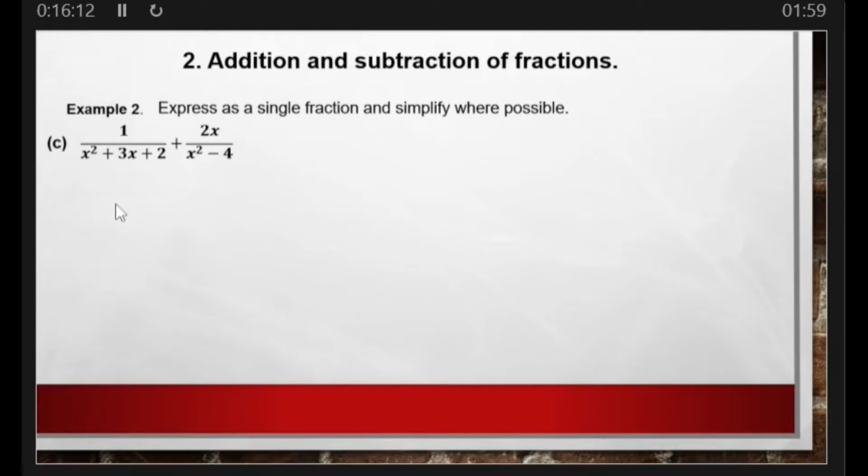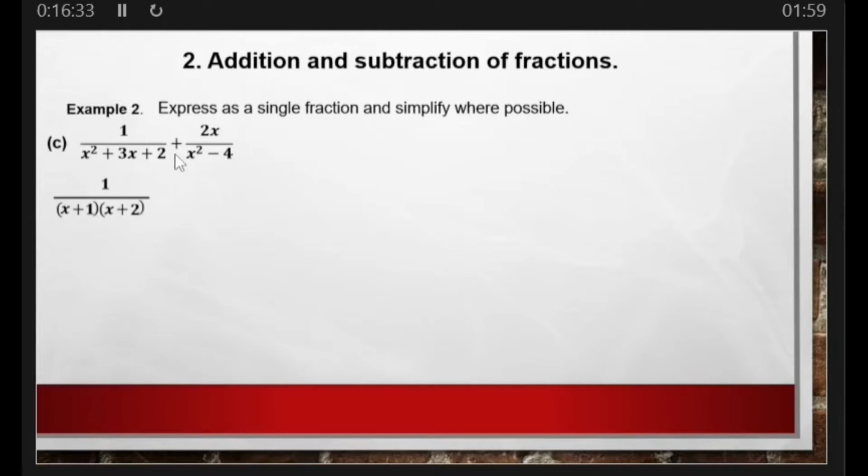The way we did in the previous question, we will factor this one, which will be 1 over x plus 1 in brackets, times x plus 2 in brackets.